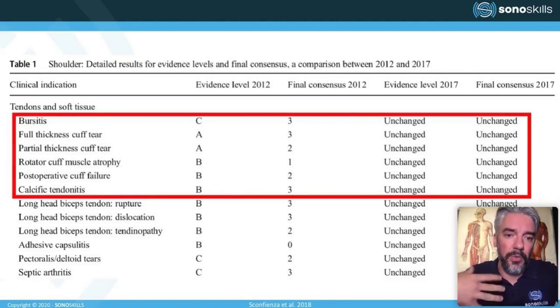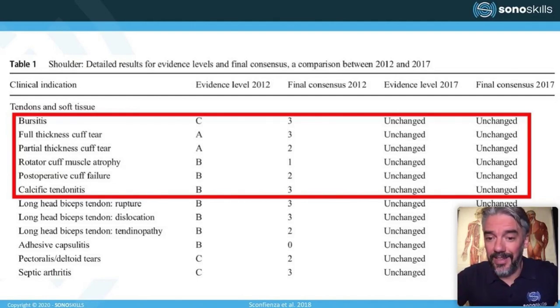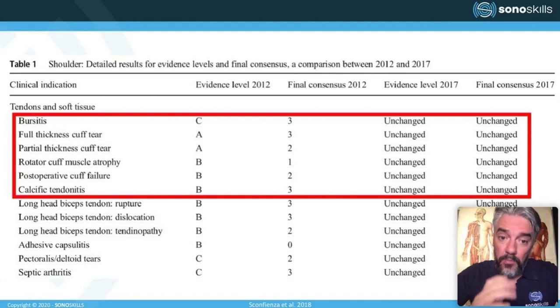We know that bursitis, full thickness tears, and calcific tendinitis score a 3, meaning MSK ultrasound is the preferred imaging tool to assess these pathologies. It's equal to other modalities for partial tearing, and atrophy is a little bit less suited to scan with MSK ultrasound, so be careful with that.